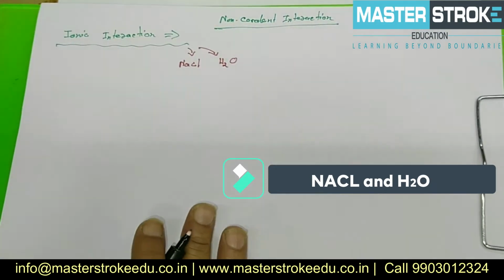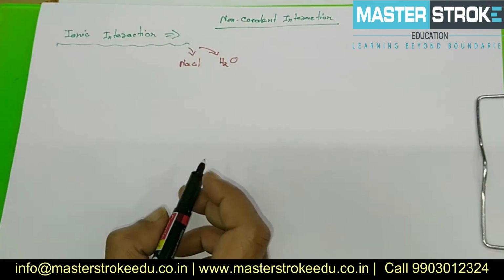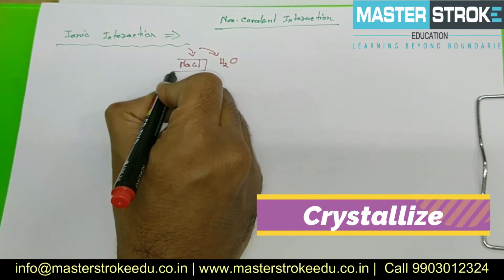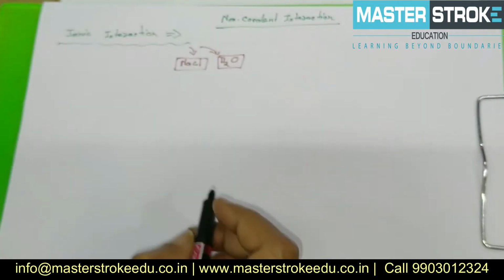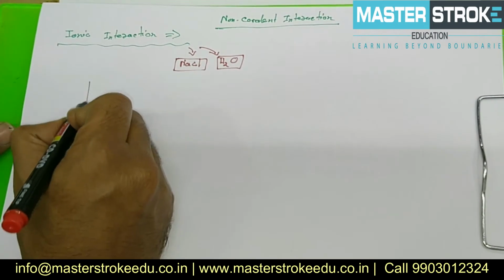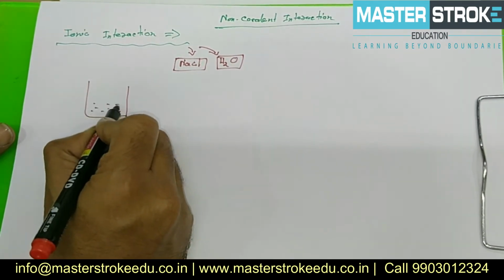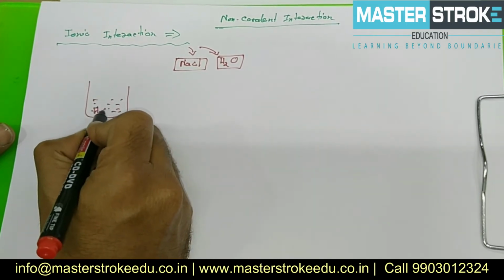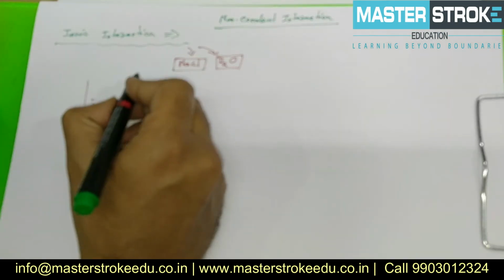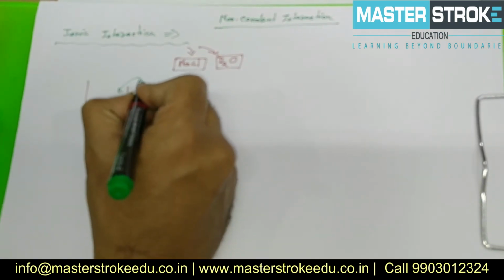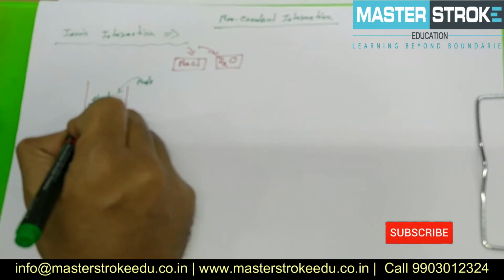What happened? In solid form, sodium chloride is in crystalline form, whereas water is in liquid form. We take a bottle or glass with some water, H2O, and when we put some amount of sodium chloride in it, it becomes dissolved.